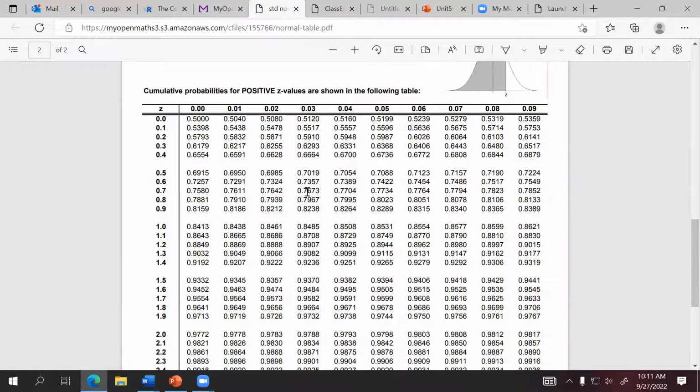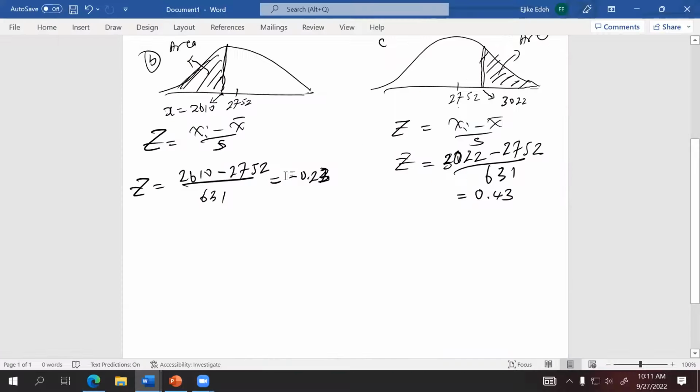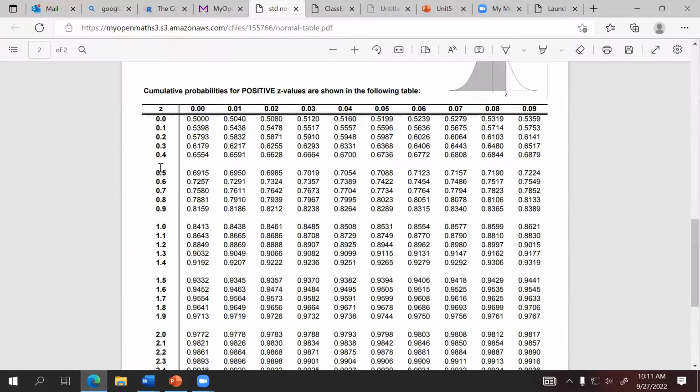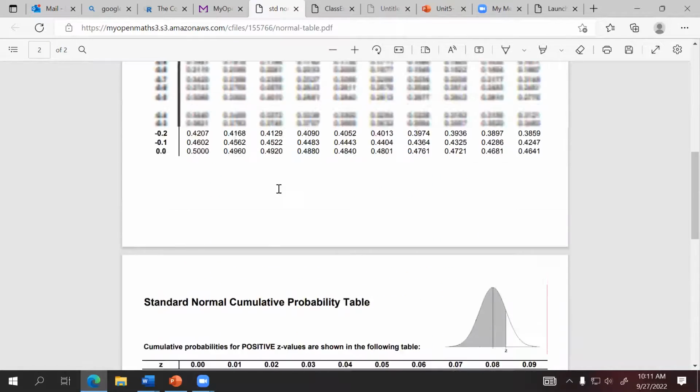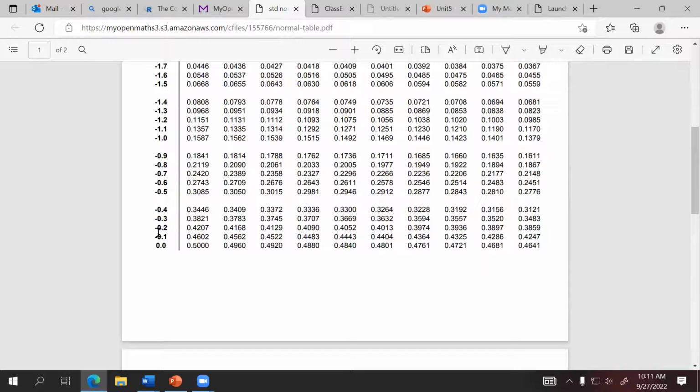Open a new one. Okay, so we're looking for negative 0.23 on the table. So we should be on the negative space. This is negative 0.2.